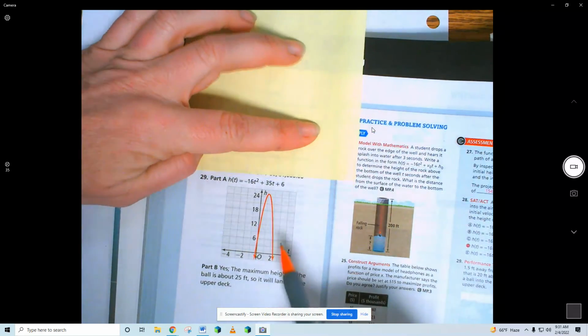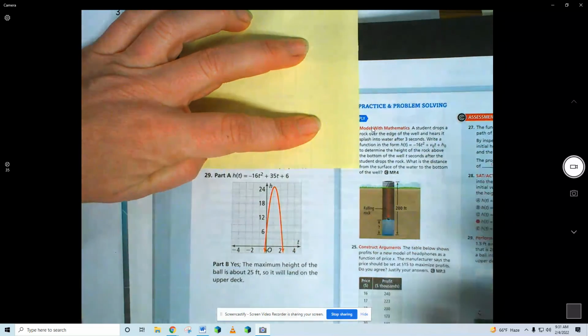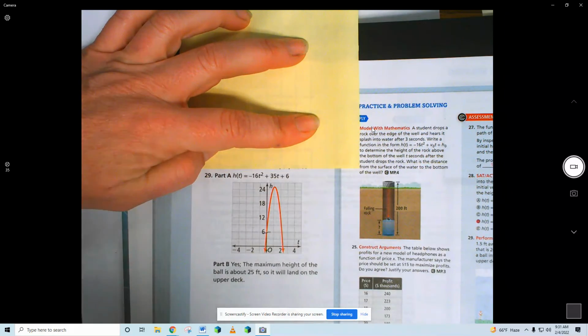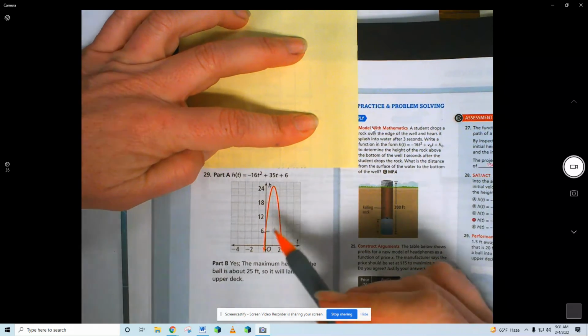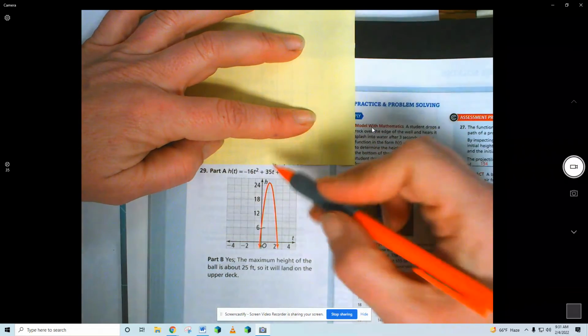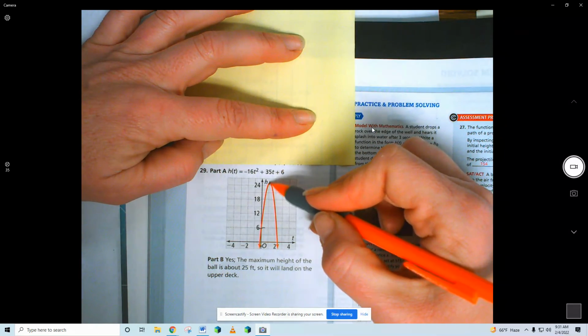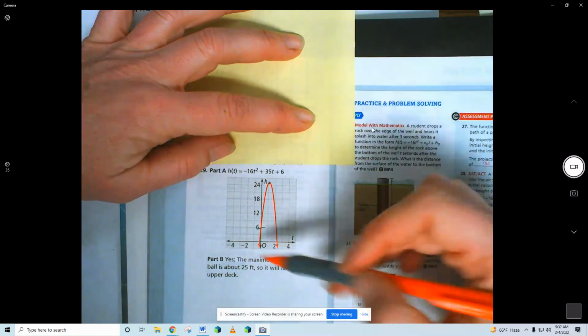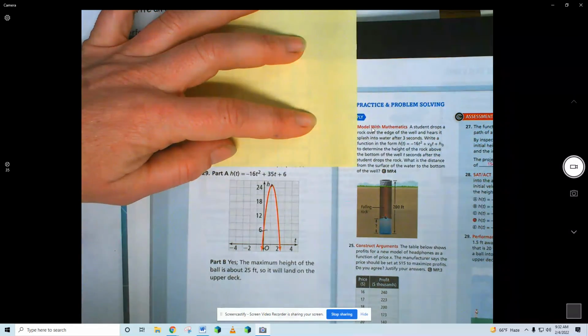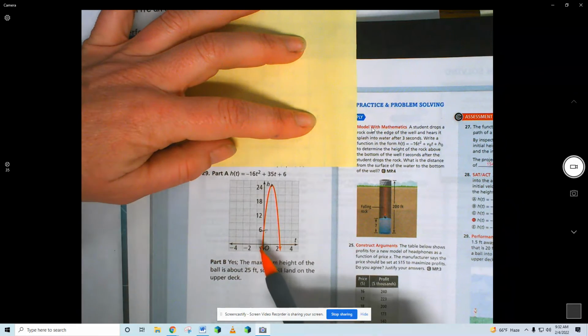So, 6 feet is my y-intercept, because that's how tall the man is. He throws it, and it gets this high. We don't exactly know that, but this is what it would look like. Please notice that the man is 6 feet tall. That's the y-intercept.